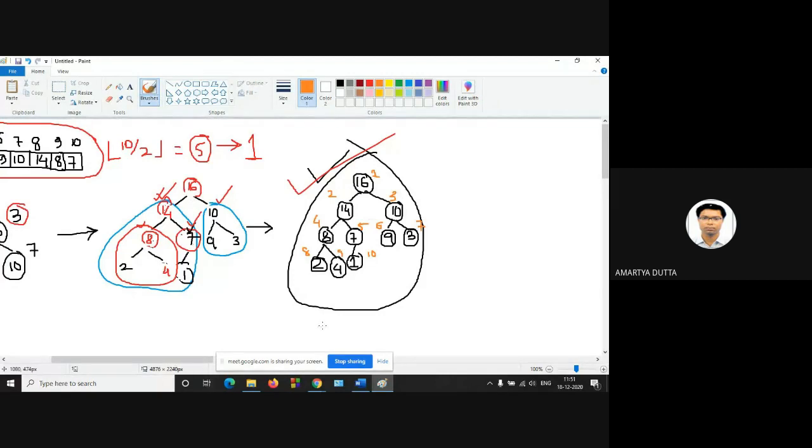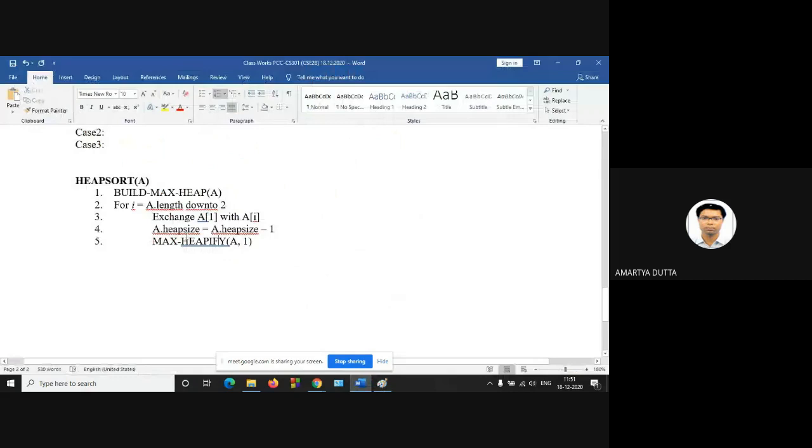Now A dot length. For i equal to A dot length down to 2, exchange A i with A1, then decrement the heap size by 1, and then max heapify A1. This one is the index number.